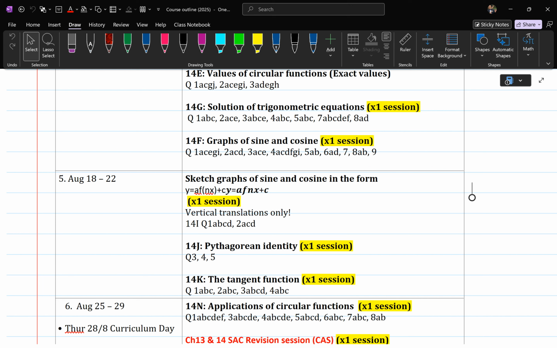For 14I, questions A, B, C, D, and 2 ACD are only required at Year 11. Next year, when you come in, we'll likely teach you the horizontal together. Okay, so it is a pain to sketch, but that's the update for you. And with that, it makes it easier to get through the sketching.